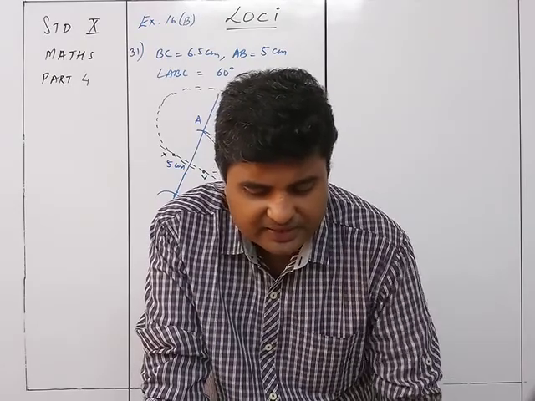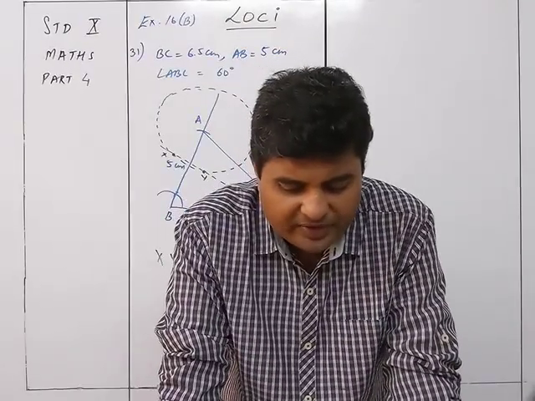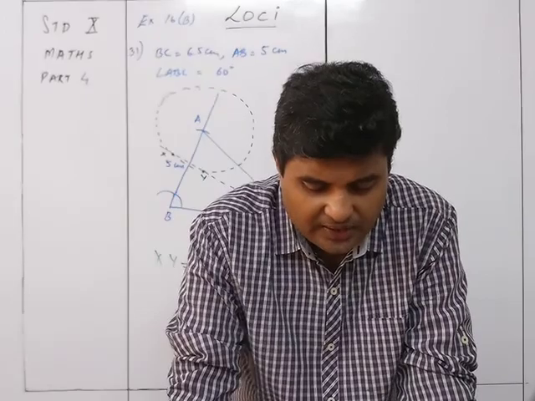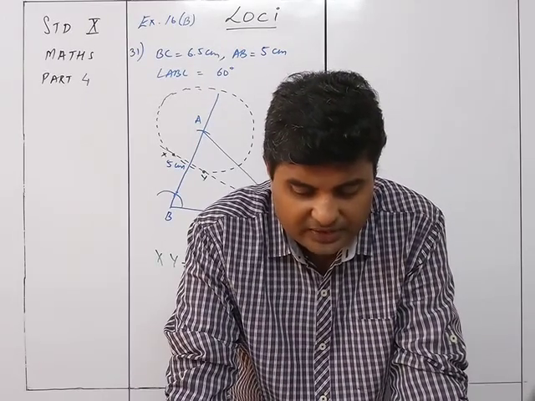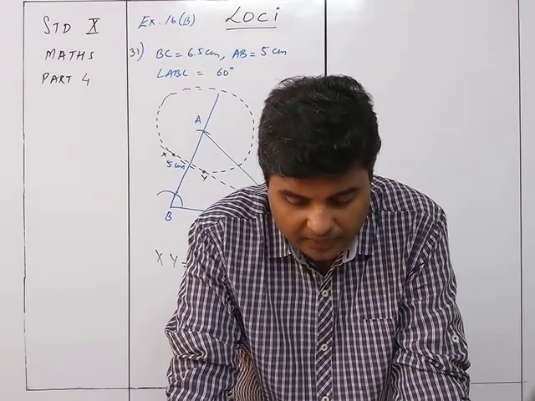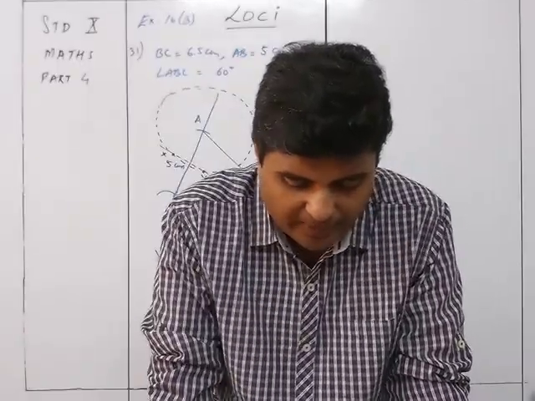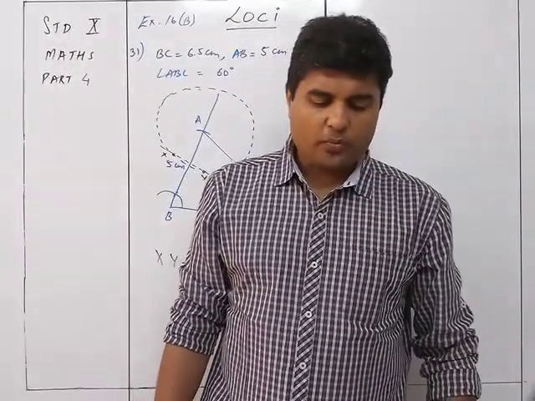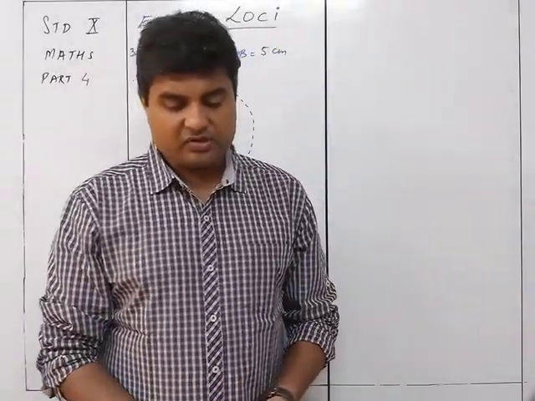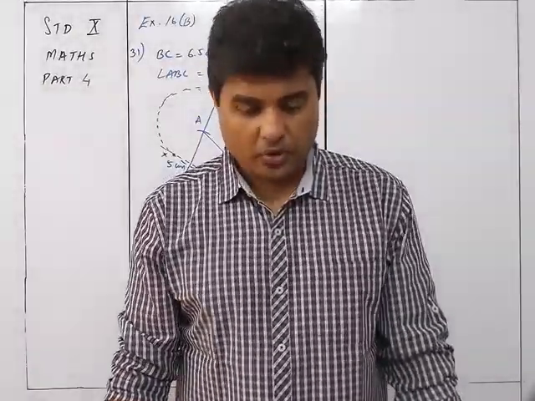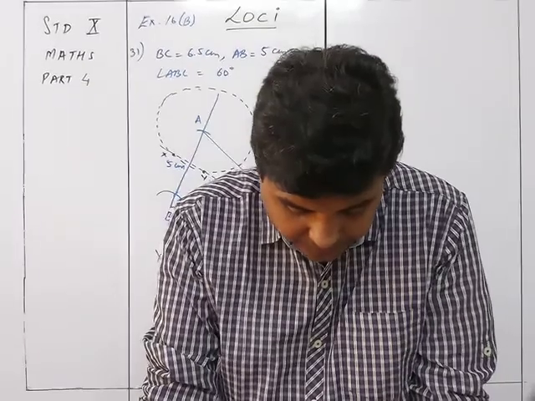They intersect each other at the same point, called the circumcenter. You can see over here the perpendiculars, and OA, OB and OC are the radii of the circumcircle. O is the circumcenter.